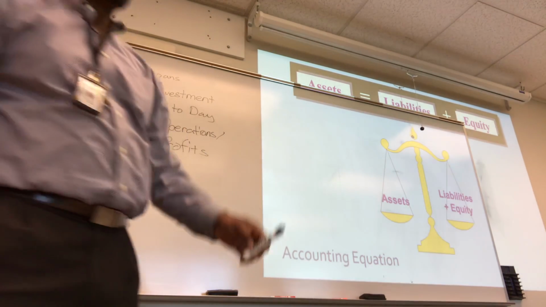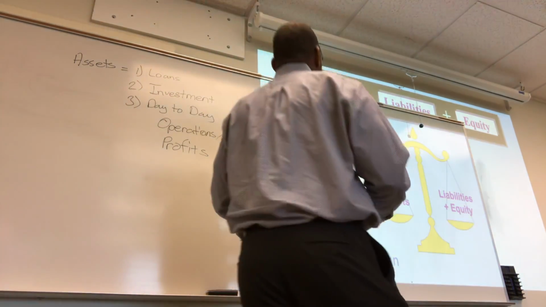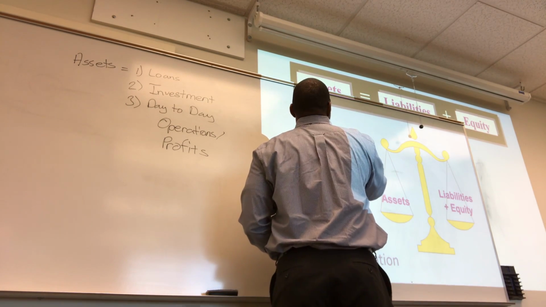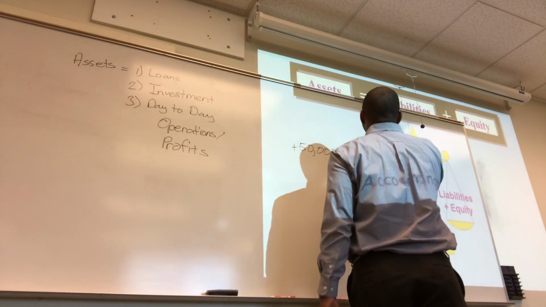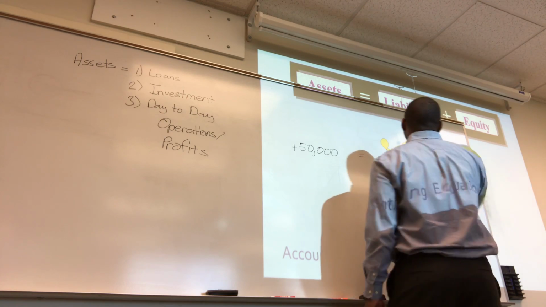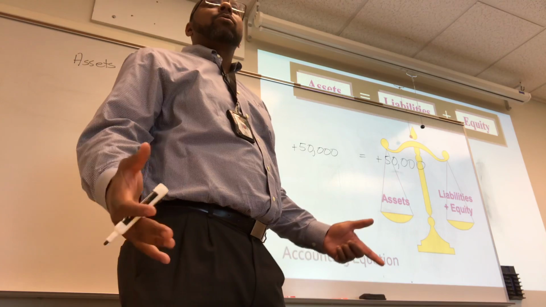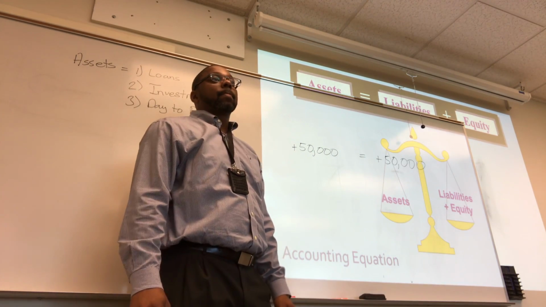We're either going to do the same transaction on both sides of the equation. So if we increase an account by $50,000 on one side of the equation, we'll increase an account by $50,000 on the other side. That's one way to keep everything in balance.